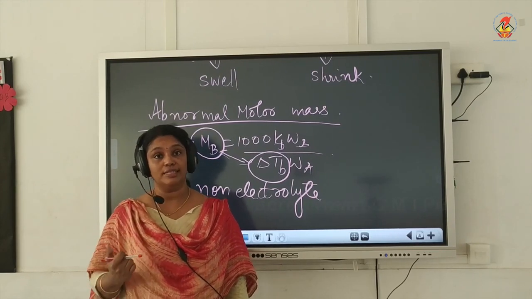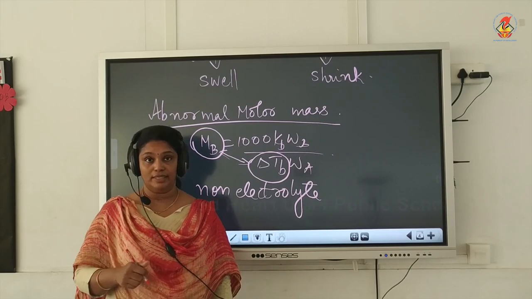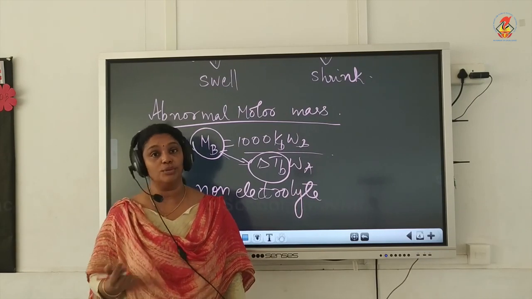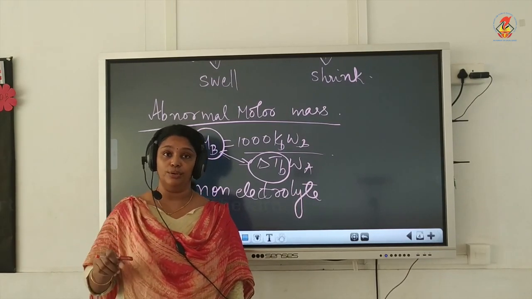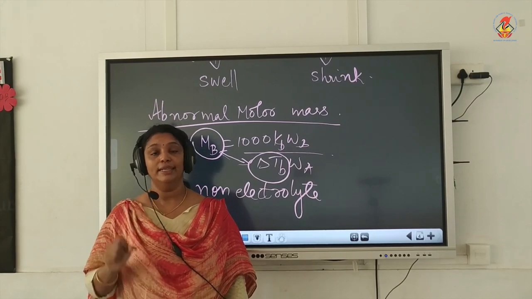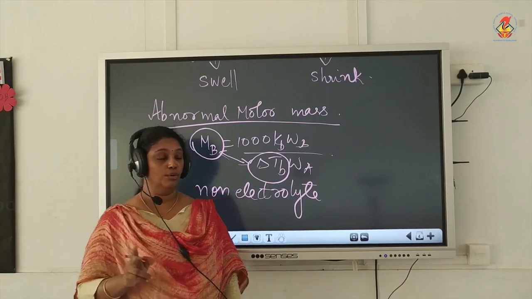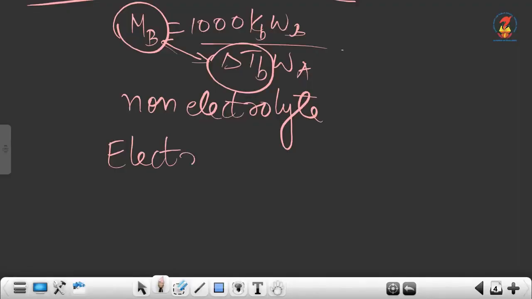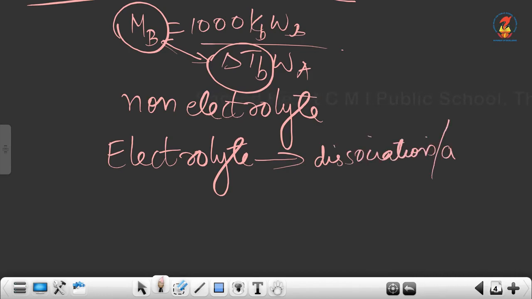But most of the non-volatile solutes added will be electrolytes. If the non-volatile solute added to a solvent is an electrolyte, that solute can undergo either dissociation or association.